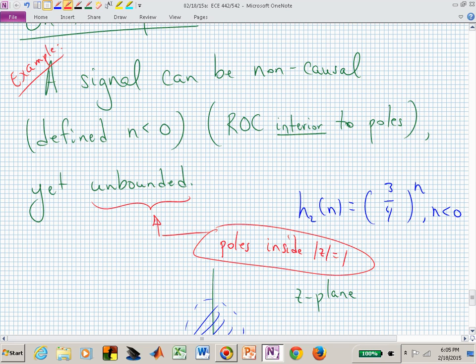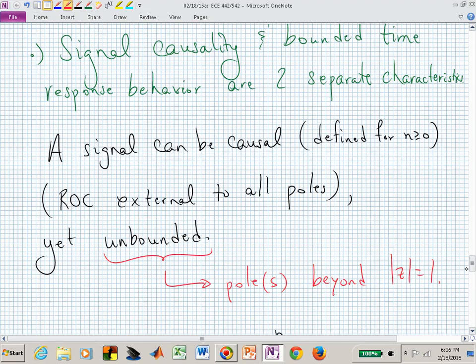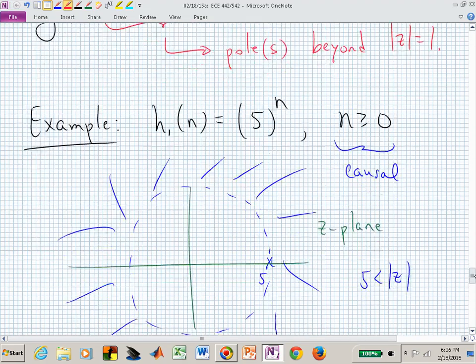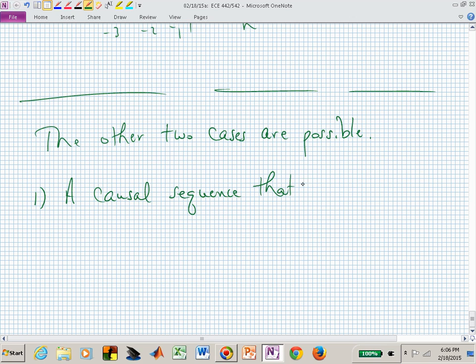For this non-causal example, here was an unbounded causal example, and we can have the other two cases. We can have a causal sequence that is stable.